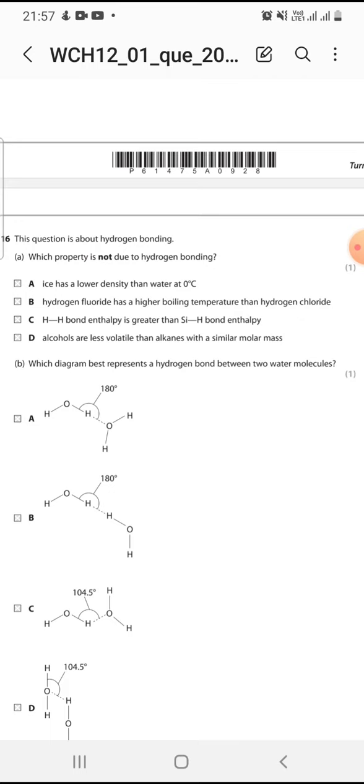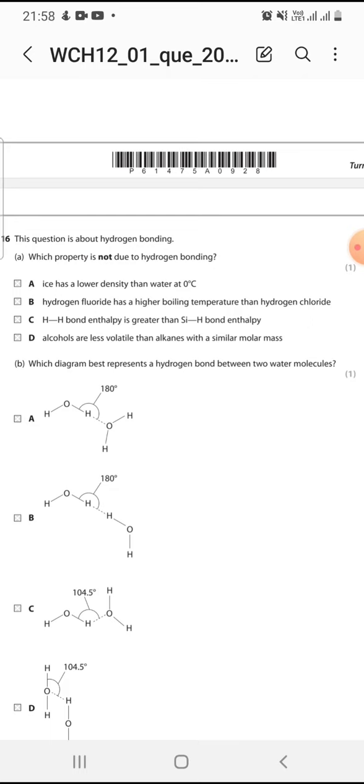It gets a ring structure, which spaces the molecules out, so ice has a lower density than water. Part B, hydrogen fluoride has a higher boiling point than hydrogen chloride. Hydrogen fluoride has hydrogen bonding. The other halides have permanent dipoles, and the most dominant force among them is London forces. So hydrogen fluoride has the highest boiling point.